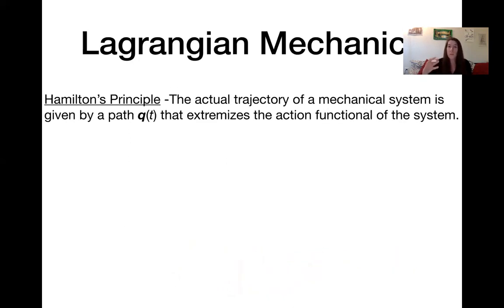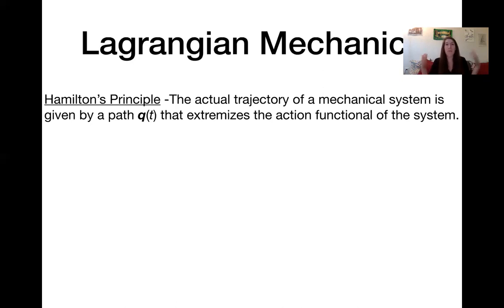So if we want to be able to apply Hamilton's principle, we're going to need to review what's known as the calculus of variations. That's actually in the next videos that I'm going to post right after this one. I'm going to be talking about the calculus of variations, which really is the mathematics of extremizing functions in this way.